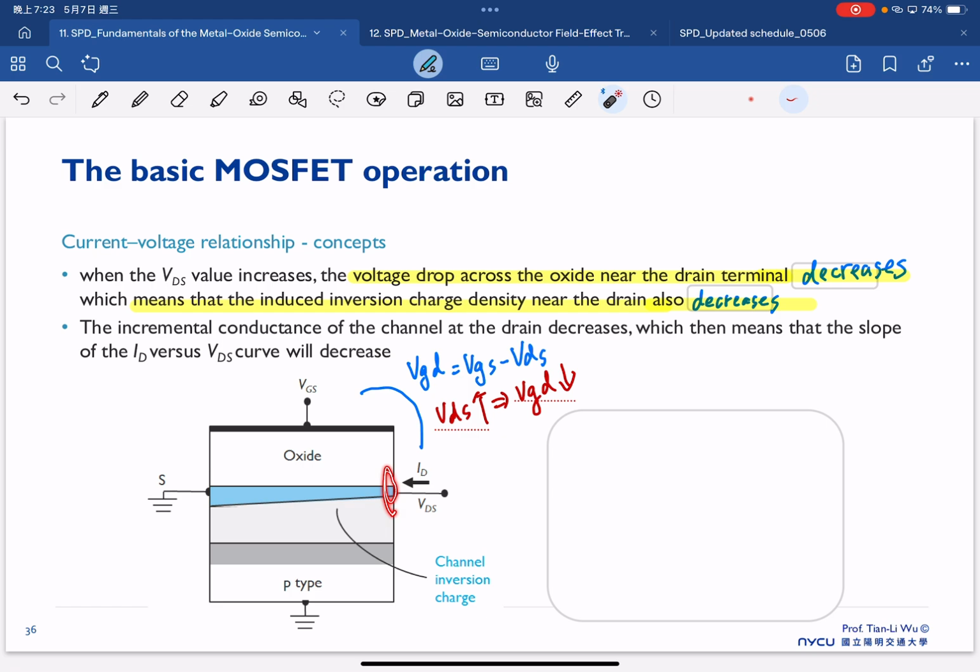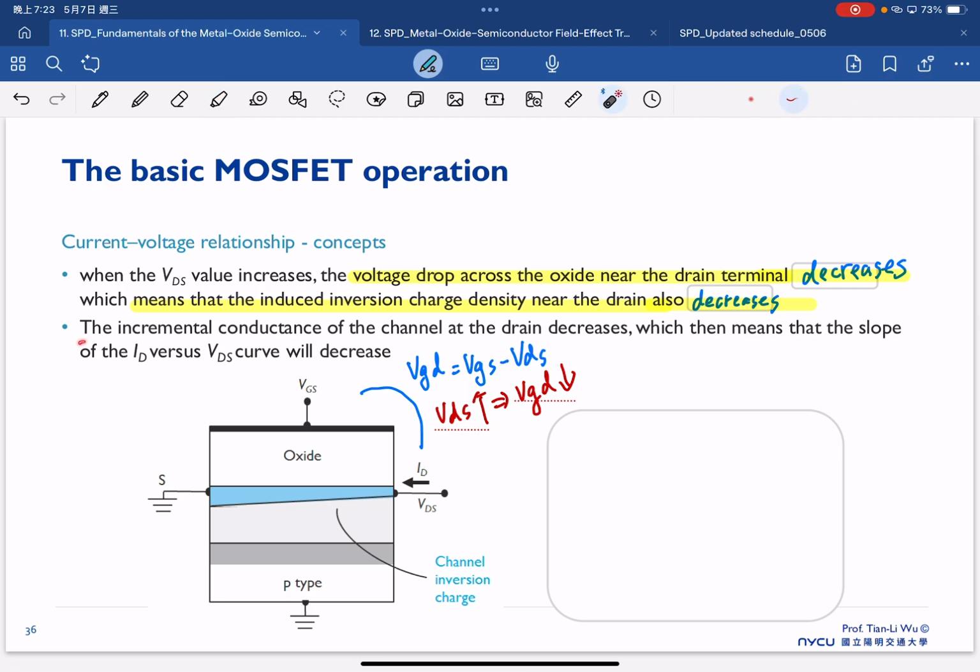And this decrease means the induced charge here is decreased as well. And therefore, we can start to foresee that the induced inversion charge here decreasing also means the slope of our current will decrease.